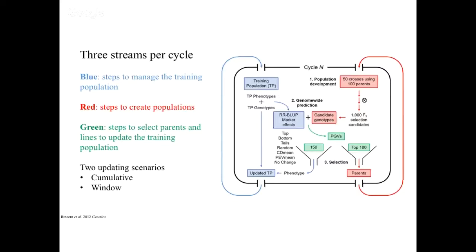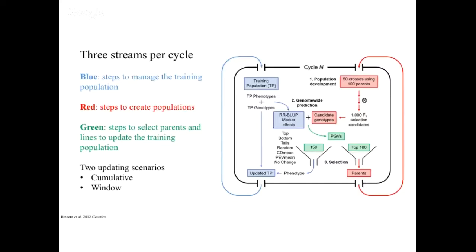And then these 2 criteria, CD mean and PEV mean, were used to optimize the individuals that we added to the training population. CD mean is expected to maximize the expected reliability of predictions. PEV mean is expected to minimize the prediction error variance. And then finally, as a negative control, we did no change, so the training population remained constant.